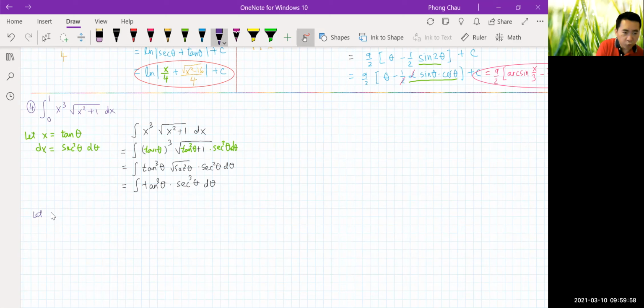Right, so this time is the normal substitution we call the u-sub because we often let u be something. So in this case, I'll let u be secant theta. And that way, the derivative of u is secant theta times tangent theta d theta. Now why does it work? Well, because I have secant and tangent here.